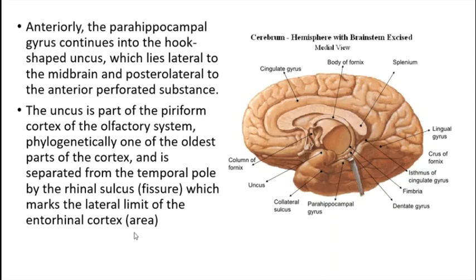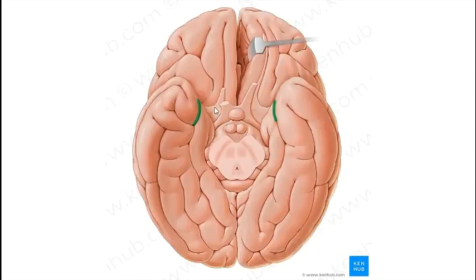So entorhinal cortex will be discussed later. So don't get confused by cortex and gyrus, these are two different aspects of the same thing being discussed. So here you can see this is the parahippocampal gyrus.